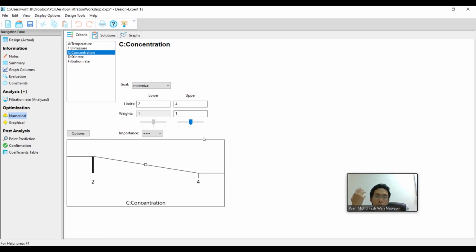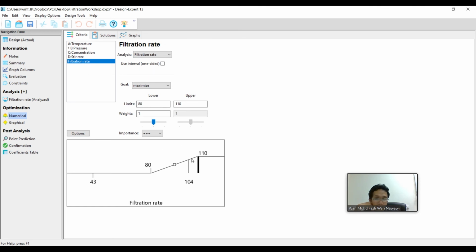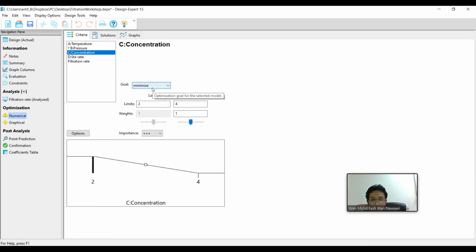So when you set the filtration rate goal to maximize and the concentration to minimize, you then go to solution. You click solution, and what do you get?